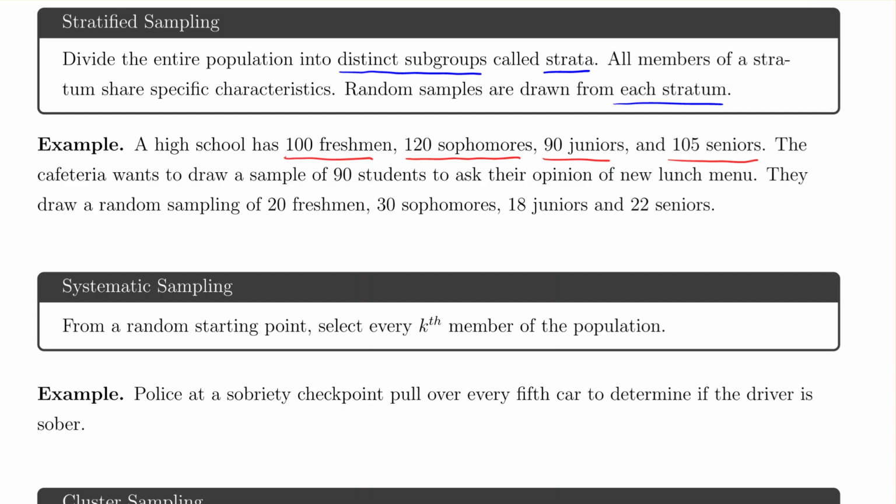The cafeteria wants to draw a sample of 90 students to ask their opinion of the new lunch menu. They draw a random sample of 20 freshmen, 30 sophomores, 18 juniors, and 22 seniors. So what's happening here is that from each stratum, or each subgroup, we randomly select 20 freshmen, 30 sophomores, 18 juniors, and 22 seniors.